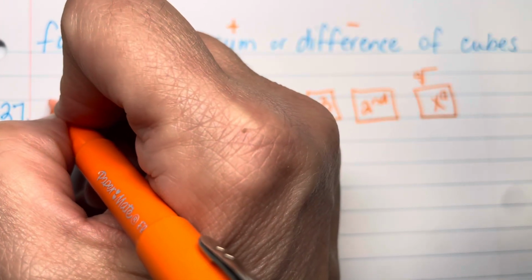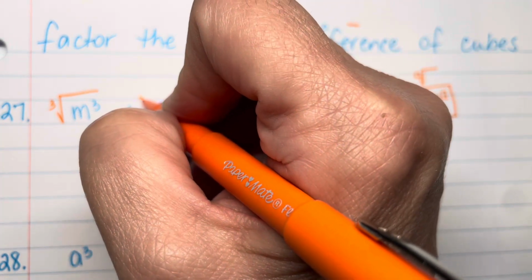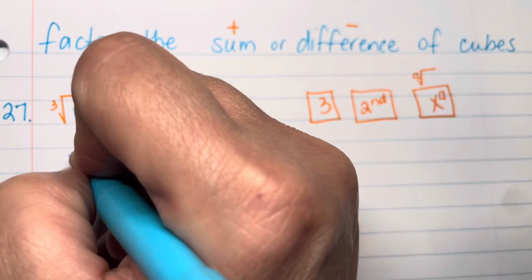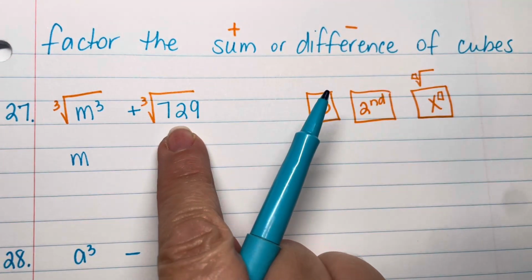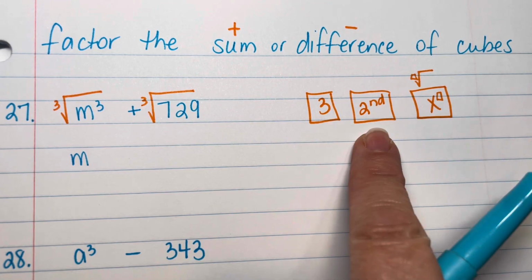So we know that it's something to the third power. So we're going to take the cube root of m to the third and the cube root of 729. The cube root of m to the third is m. The cube root of 729, you may not remember what that is, so you may need to type it in your calculator.